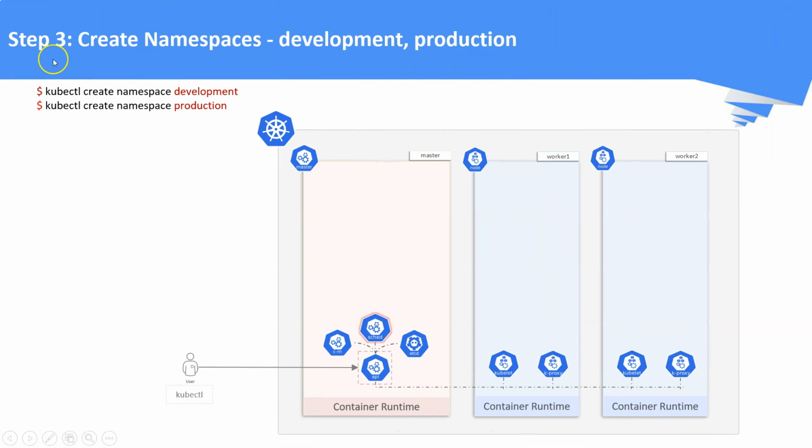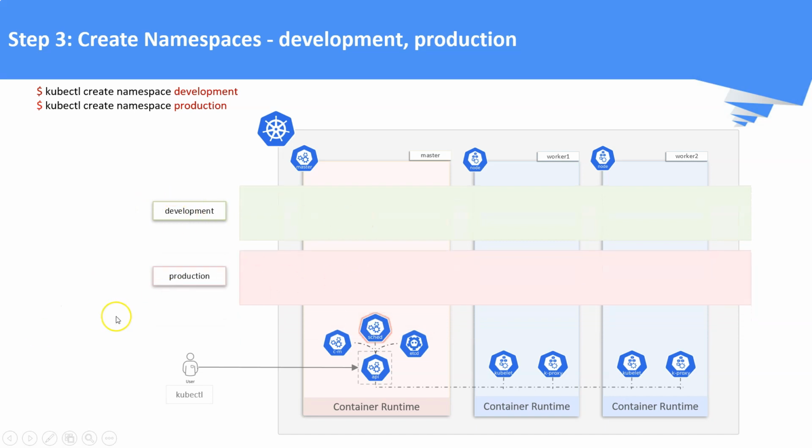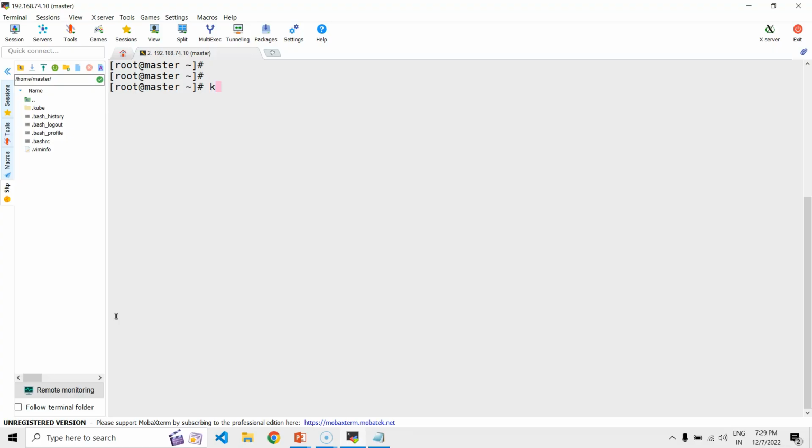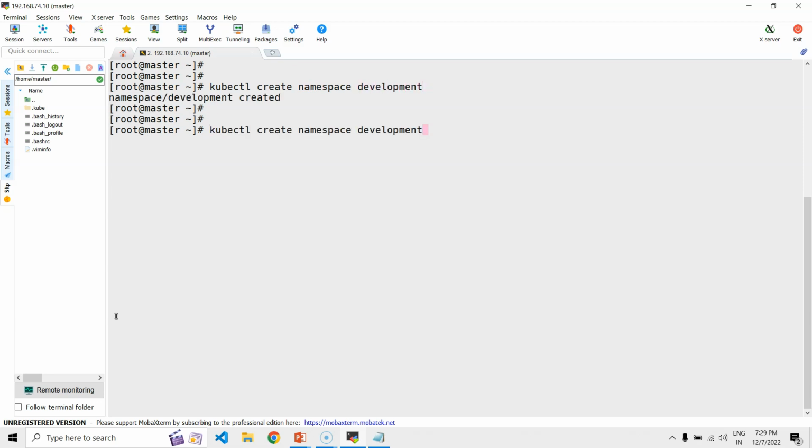Step number 3, create development and production namespaces. Yeah, you can see the development and production namespaces are now created.